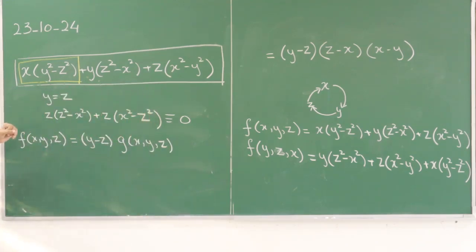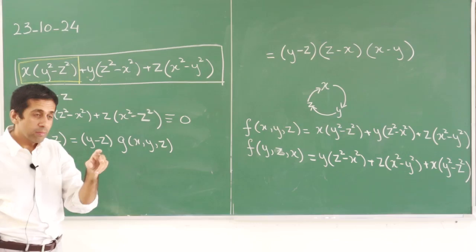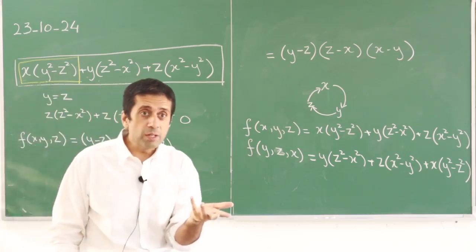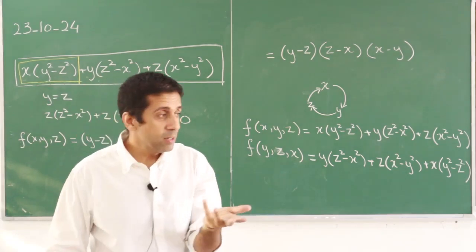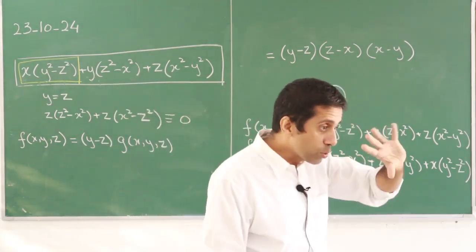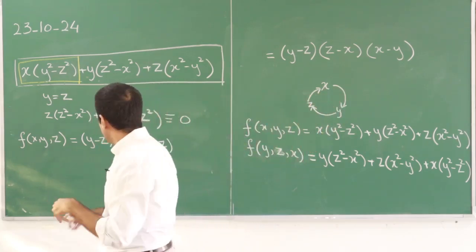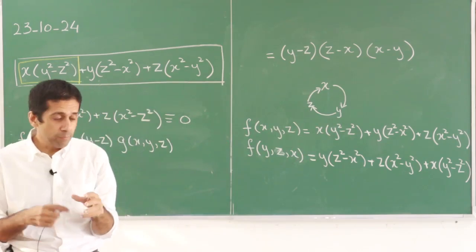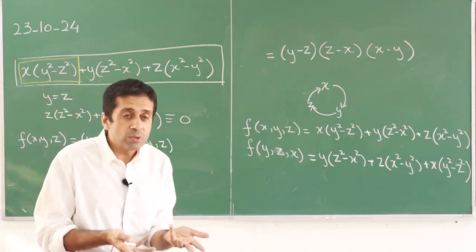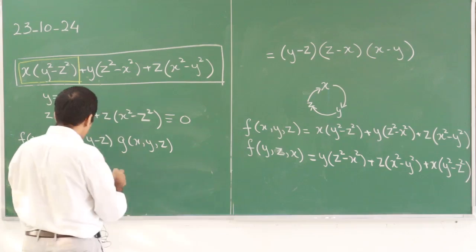I look at this polynomial and say, aha, y equal to z sets this polynomial to 0, which means probably that in any factorization of this polynomial, y minus z should be a factor. But now, what can I do? I know something about the polynomial: it is symmetrical. It has a rotational symmetry in this very funny space of x going to y, y going to z. So if y minus z is a factor, what other factors should there be?